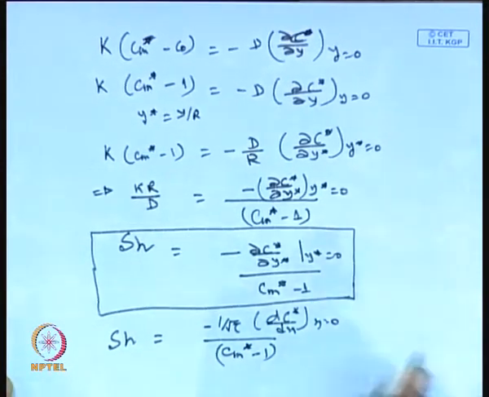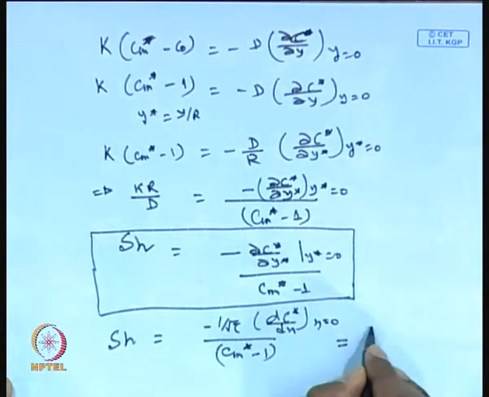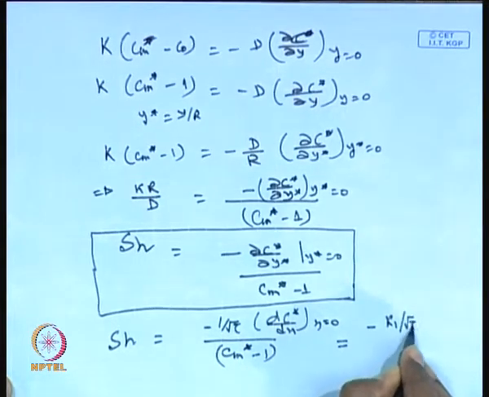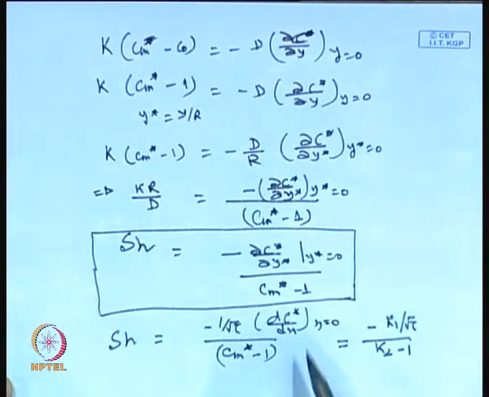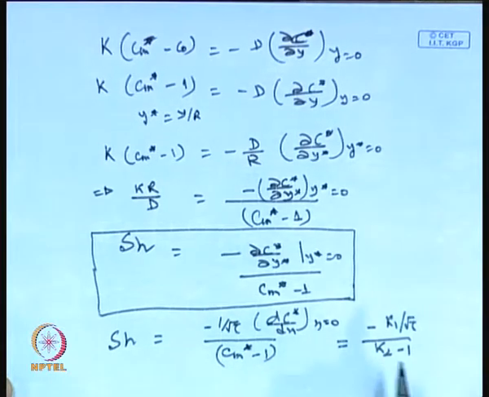Now, we have done this exercise just a few minutes back, the dc star d eta at eta equal to 0 and Cm star in terms of the integration constants, and this becomes minus k1 by root over tau divided by k2 minus 1. Just put the value of dc star d eta at eta equal to 0, and Cm star is nothing but k2. So, it becomes k2 minus 1.